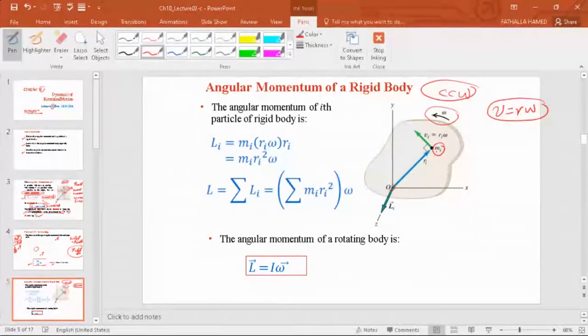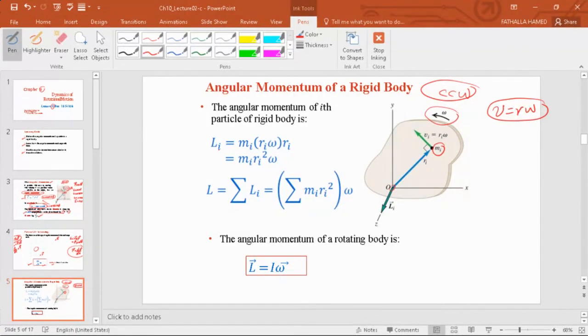So if you look at this point mass here, it will have a tangential velocity vi, which equals ri omega. And we said that for a rigid body in rotation, omega, alpha, and theta will stay the same. They're not going to change. And it's r away.